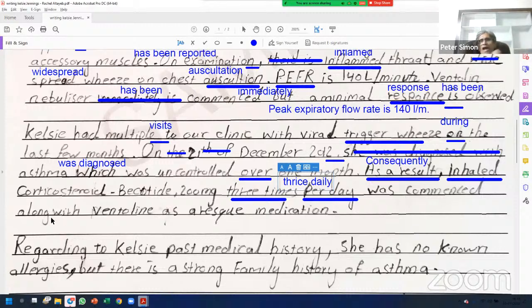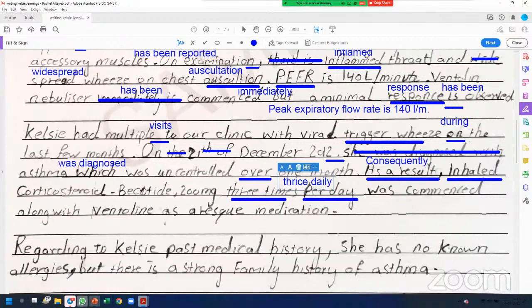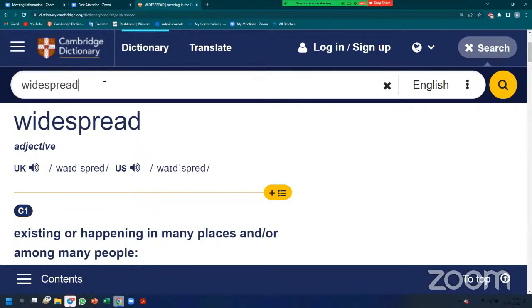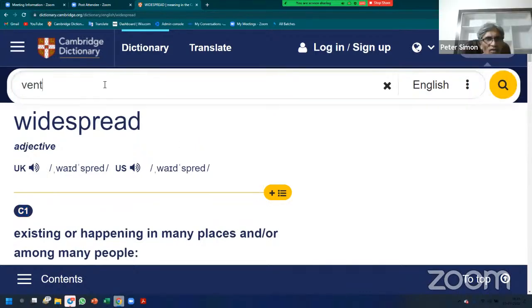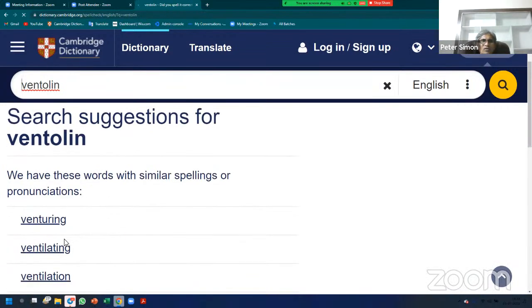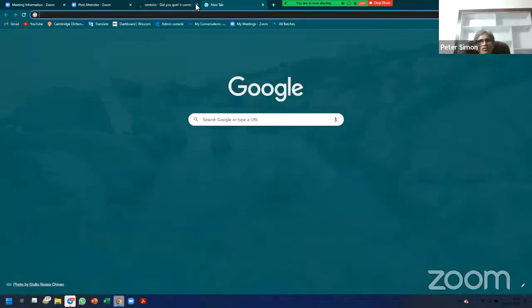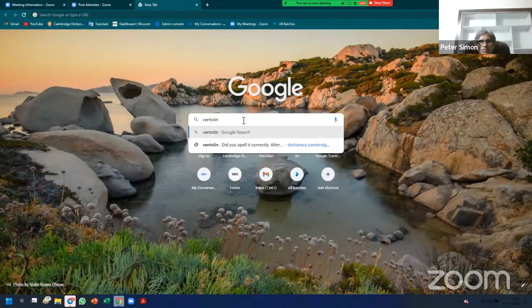Okay, very good. Along with Ventolin, spelling. No E. Ventolin, I don't know. Just I will check, confirm. I know actually. When I teach, normally I show it to my students.